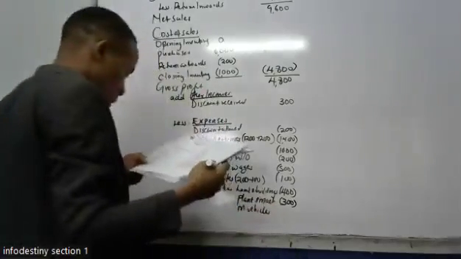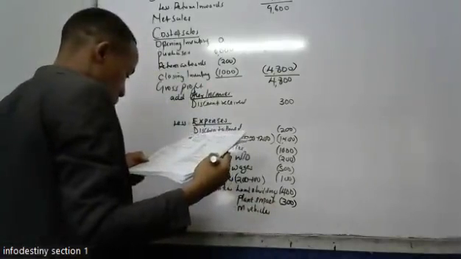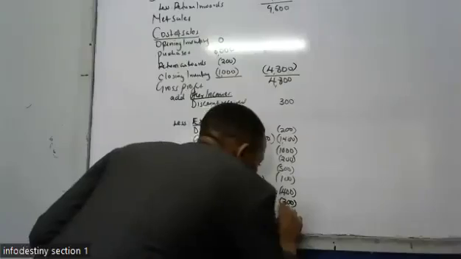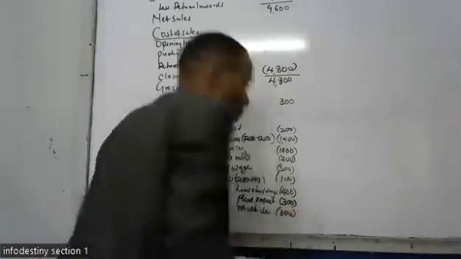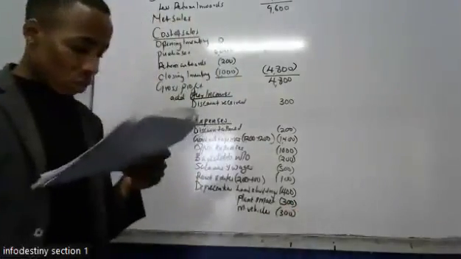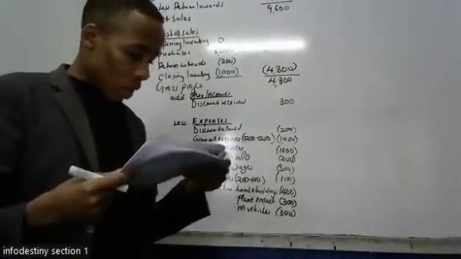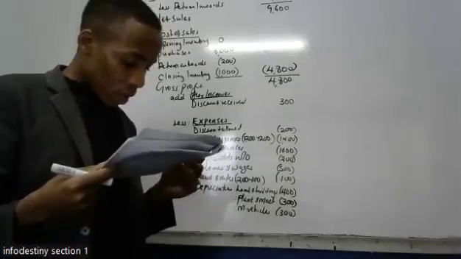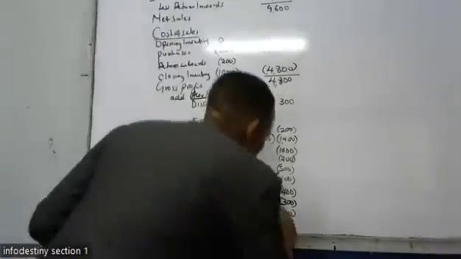Then we have the last one, motor vehicles, 10% on cost. The cost for motor vehicles is 3,000. 10% of that is 300. And those are the expenses that we have in this case.